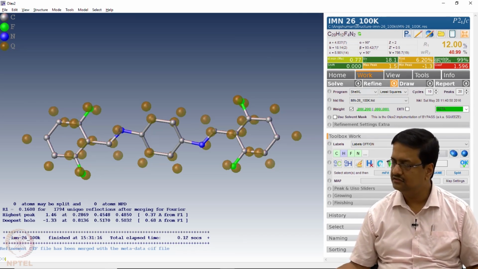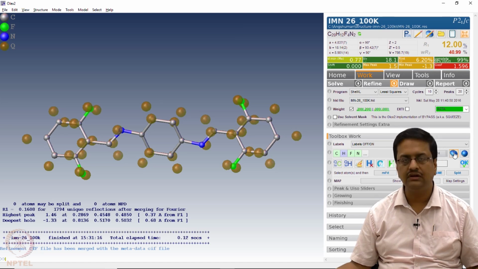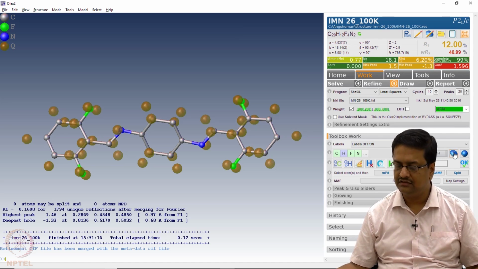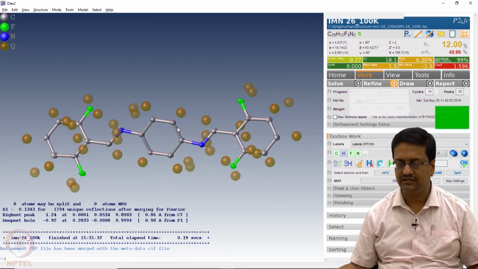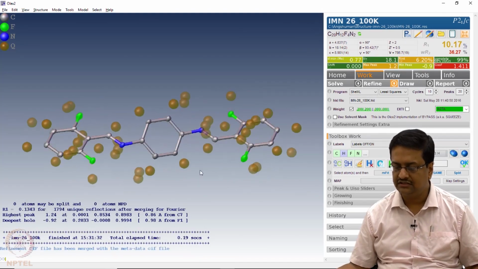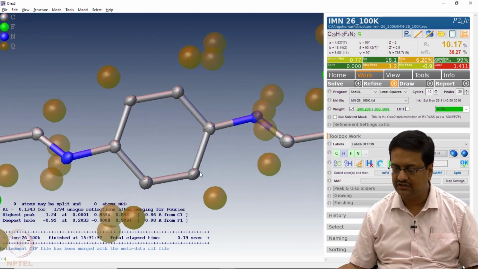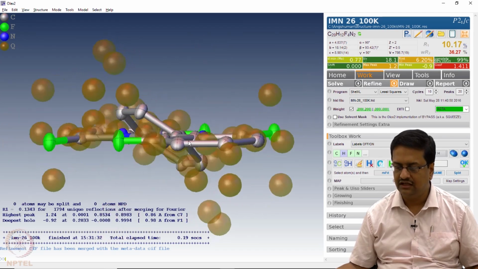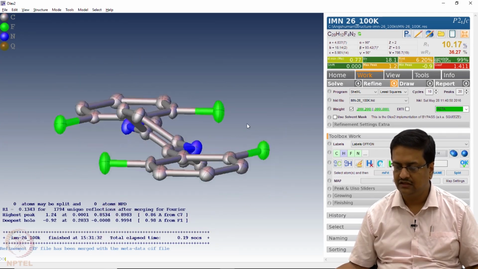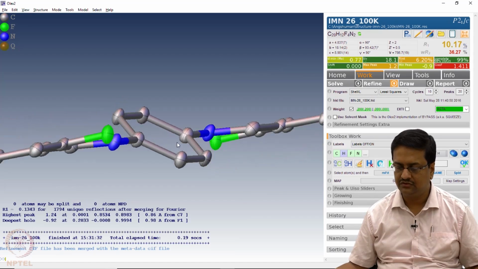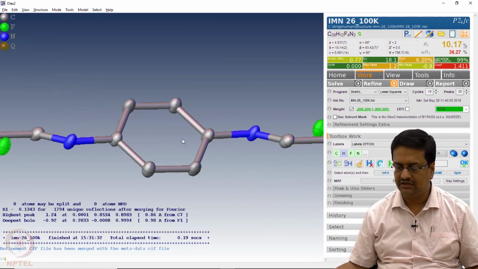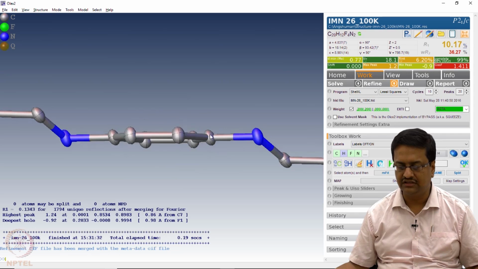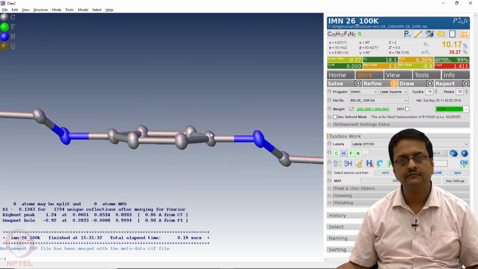If it does not, then we do anisotropic refinement on all the atoms. If we do anisotropic refinement, you just click anis, it incorporates one command and transfers all the thermal parameters to ellipsoids, as you can see here. These atoms which are now shown are no longer spheres, but ellipsoids, right?